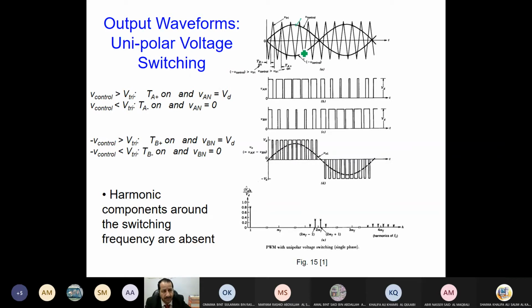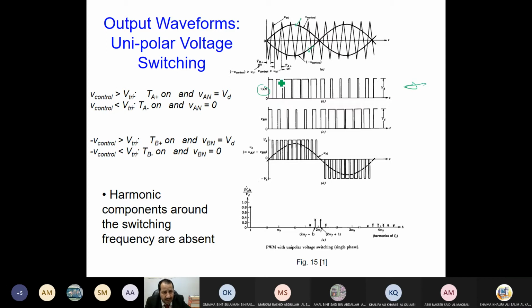As you can see here, this one is the control signal for one leg, let me say leg A, and this negative one for leg B. The carrier signal is the same, which is sawtooth, or let me say triangle. Now, when I sketch the voltage on leg A, it looks like this waveform.